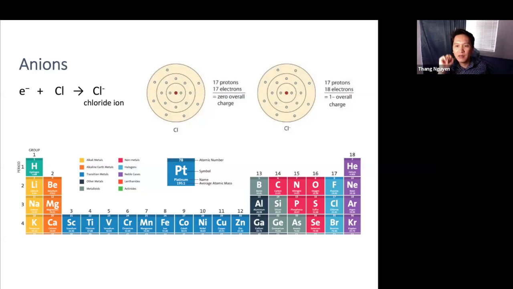So chlorine becomes chloride, fluorine becomes fluoride, bromine becomes bromide, oxygen is now oxide, sulfur is sulfide, nitrogen becomes nitride, phosphorus becomes phosphide. Okay, so basically those are the ones that you will have to know. Iodine is another one, becomes iodide.